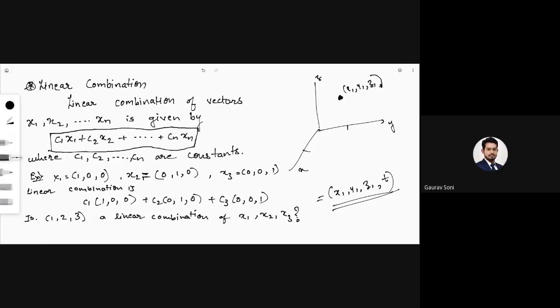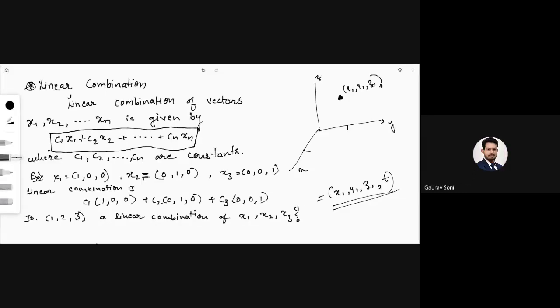Shubham, can you tell me how? So C1 will be 1, C2 will be 2, and C3 will be 3. Yes.